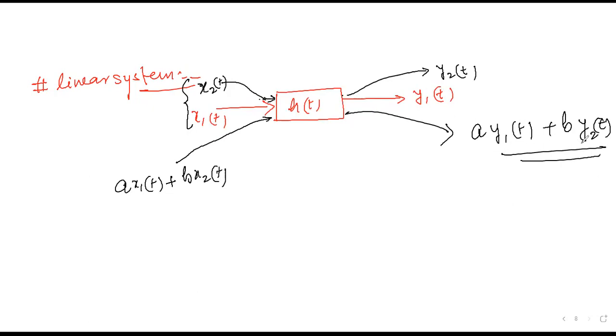And this property is called the linear property. So if the input is plus minus, then the output should also be plus minus. Got it? So this is called linear property.